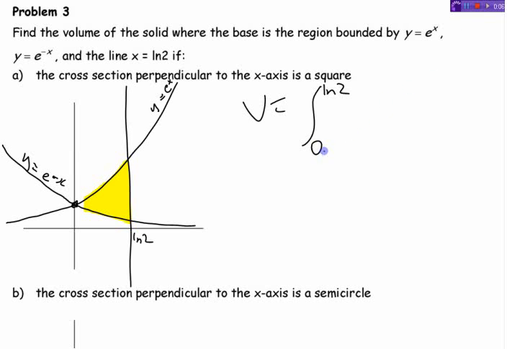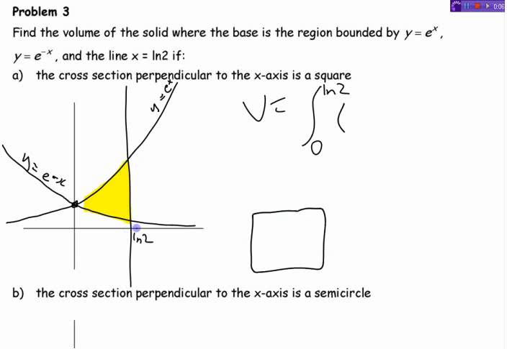We'll pause. Okay, what would this be? The integral from 0 to ln 2 of, the base is that region, and the cross sections perpendicular are squares. The length of the side of the square is how long?